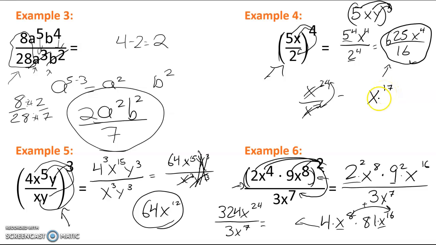And then 324 over 3 as a fraction, well, we could also just do 324 divided by 3. That gets me 108. Technically 108 over 1, but if we have it over 1, we don't even have to write it out, so it just turns into 108 x to the 17th power, okay?